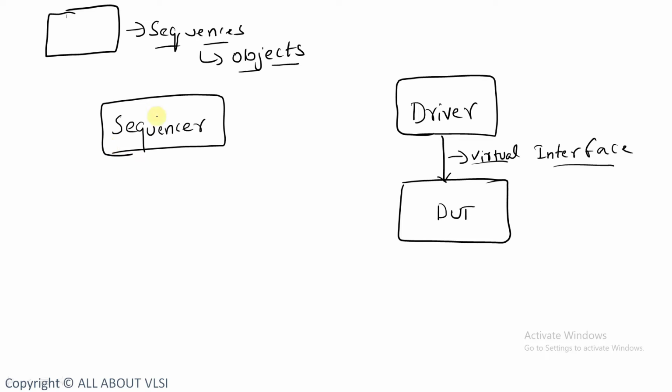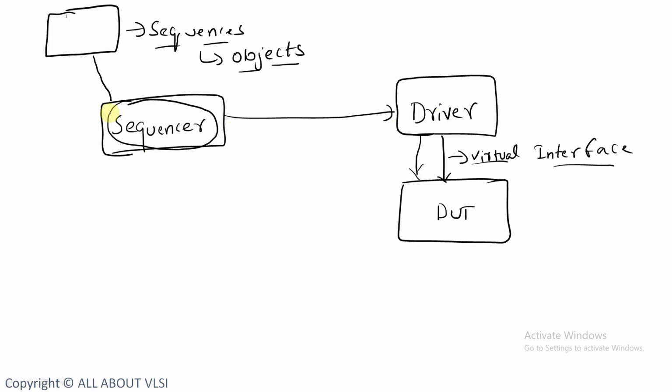Now these sequences will be driven to our driver via the sequencer. Using the help of your sequencer, you are sending your sequences to the driver, and this driver further sends it to the DUT.